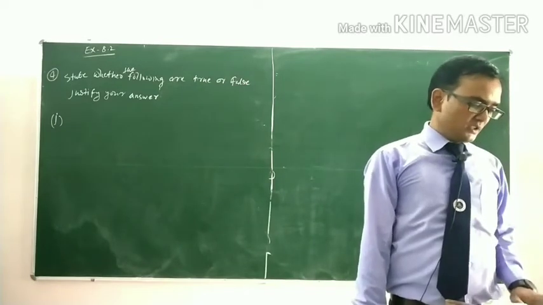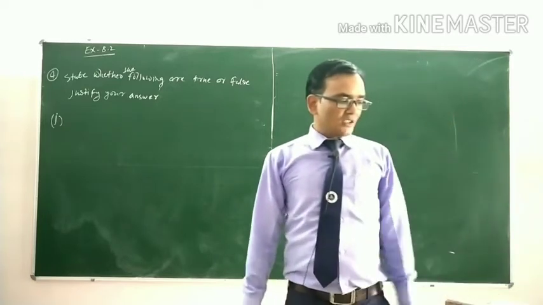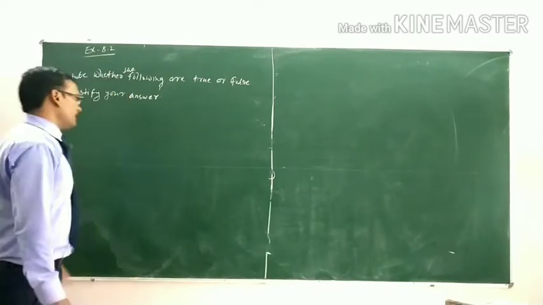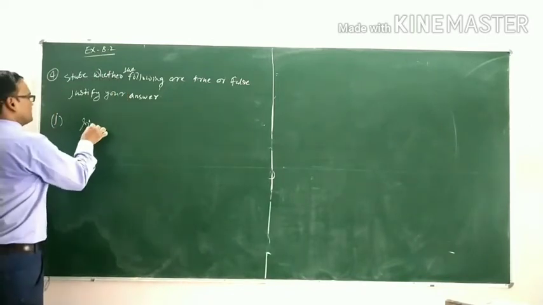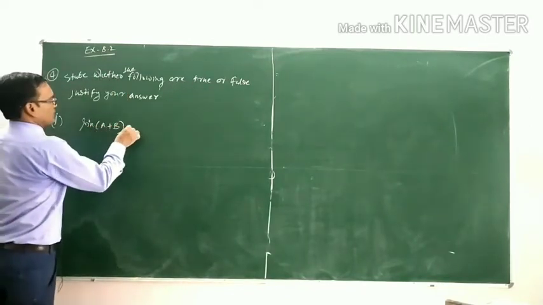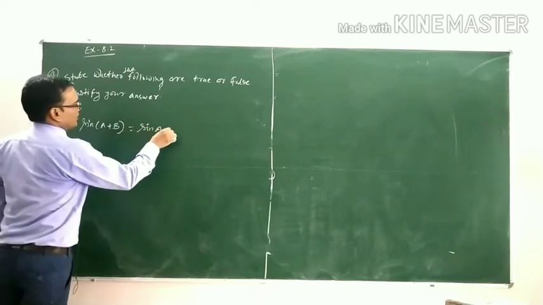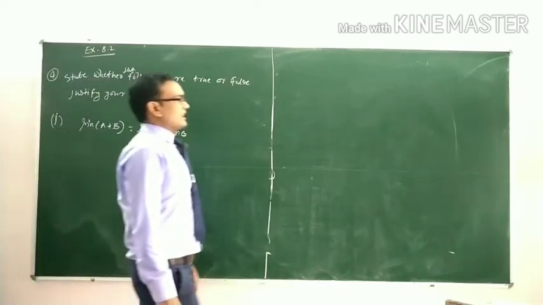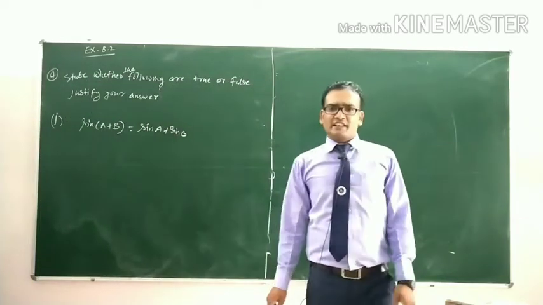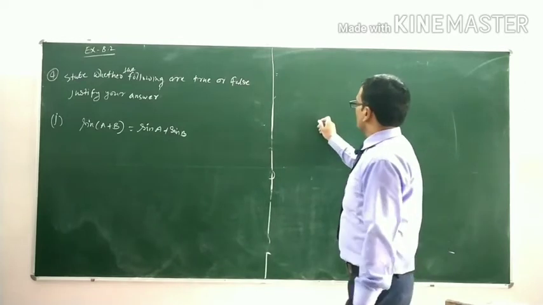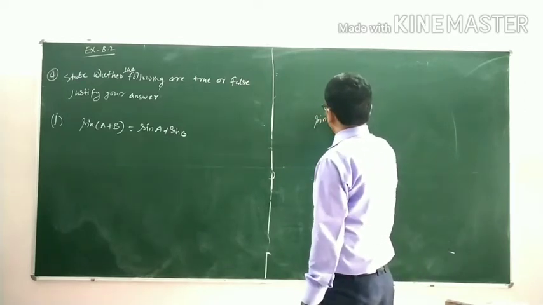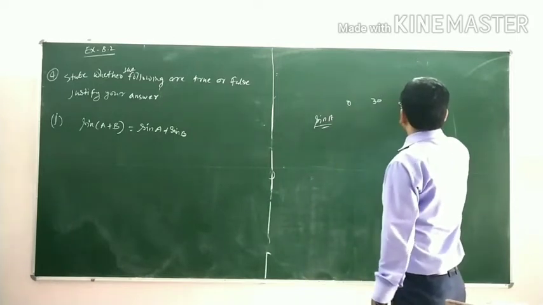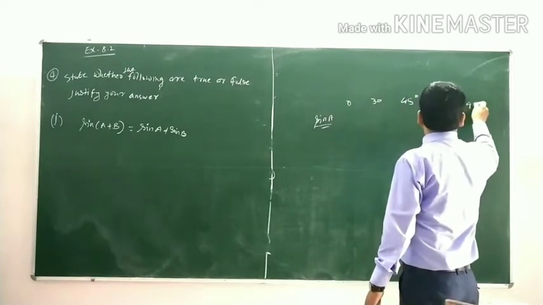First statement is sin A plus B equal to sin A plus sin B. Okay students, here we write the trigonometric ratio of sin A for 0 degree, 30 degree, 45 degree, 60 degree and 90 degree.